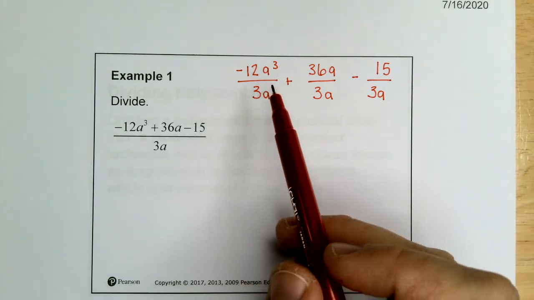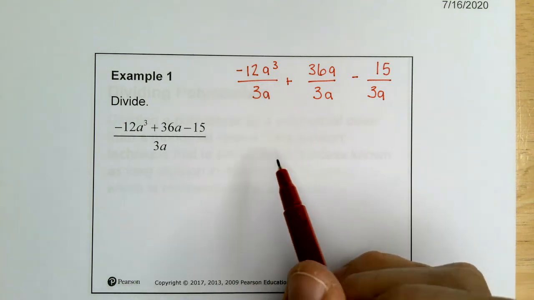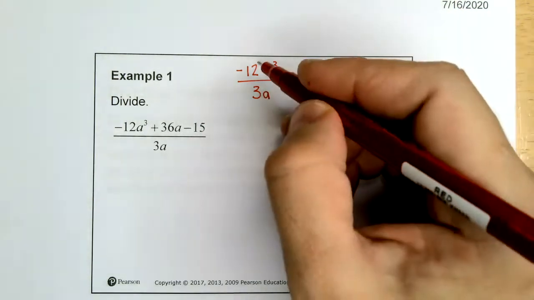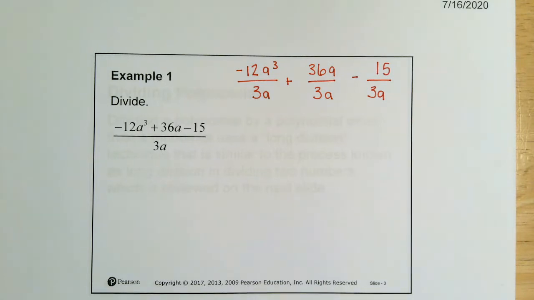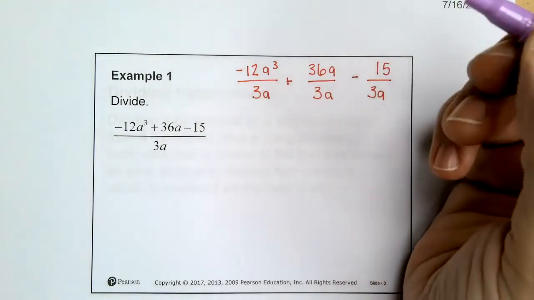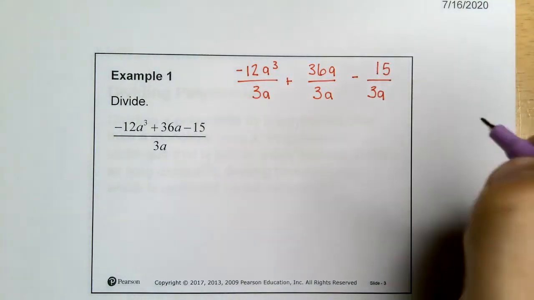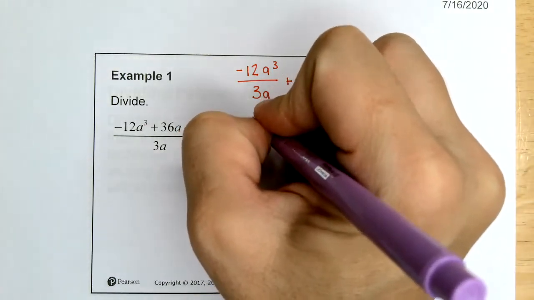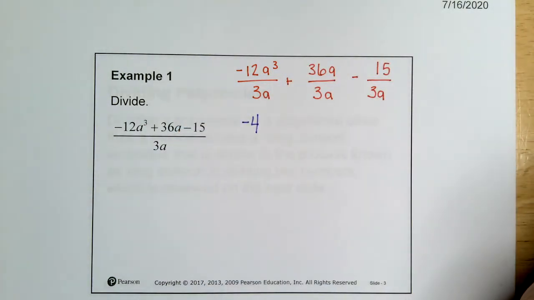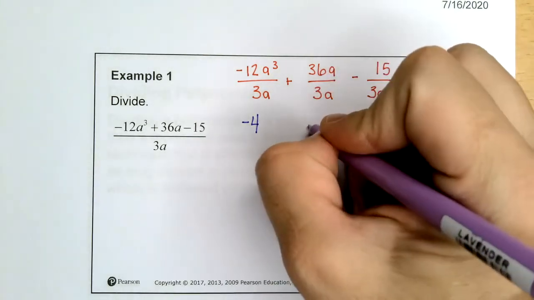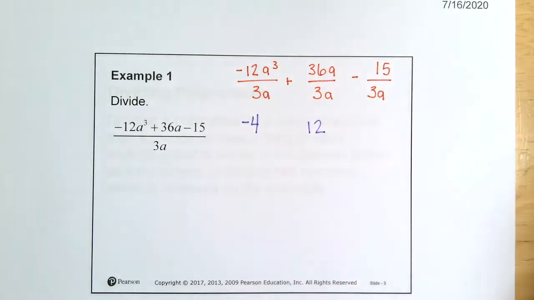Well, let's first think about, can I simplify the individual fractions? All right. How many times can 3 go into a negative 12, right? 3 goes into negative 12, a negative 4 times, right? 3 goes into 36, a positive 12 times.